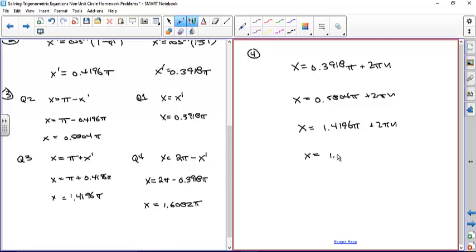My fourth quadrant solution is 1.6082 pi plus 2 pi n. Then define n, as we always do. And so that's it. Now I'm going to go back and I'm going to check out these answers.